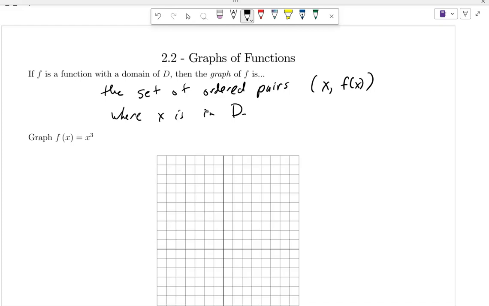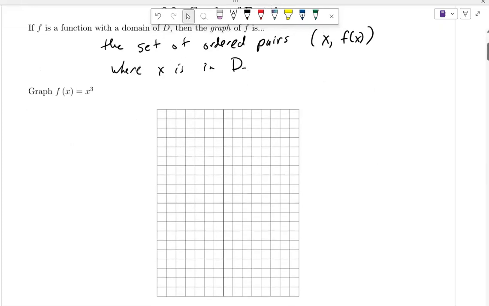One of the first things you probably want to try to do, at least in your mind, is equate the function value, the output, with a y coordinate. The output is a y value. So to start with, we're going to be very, very rudimentary with how we get graphs.